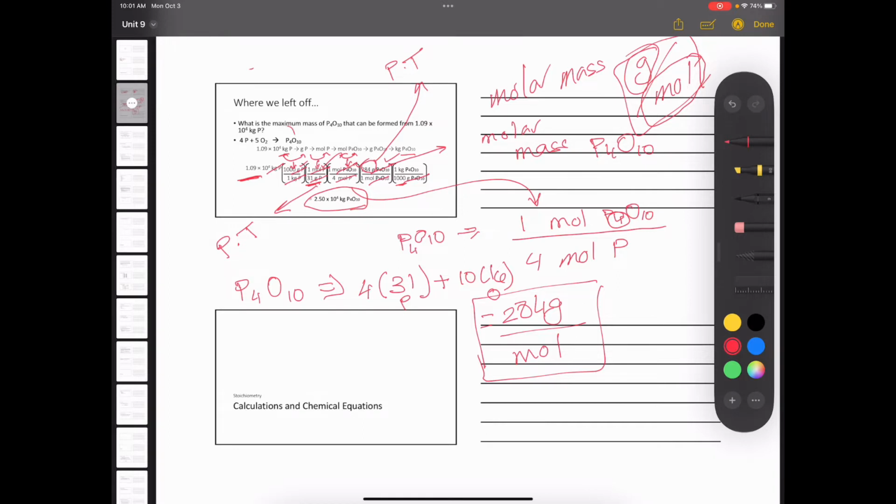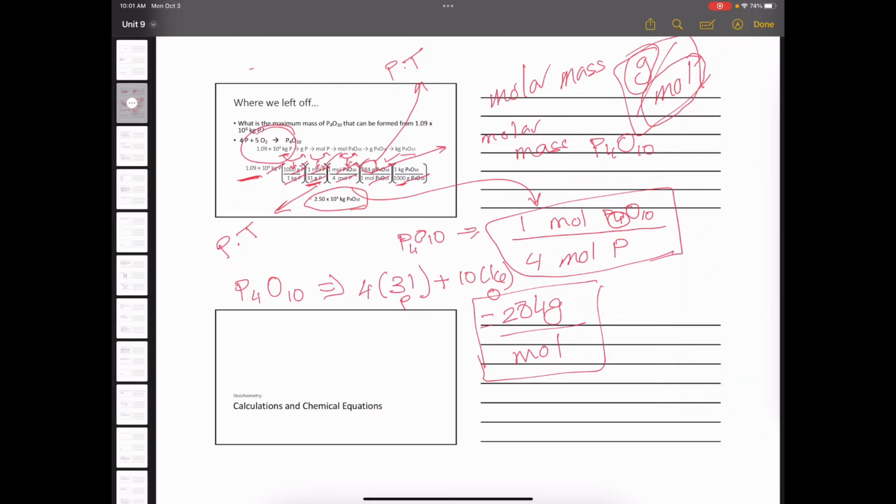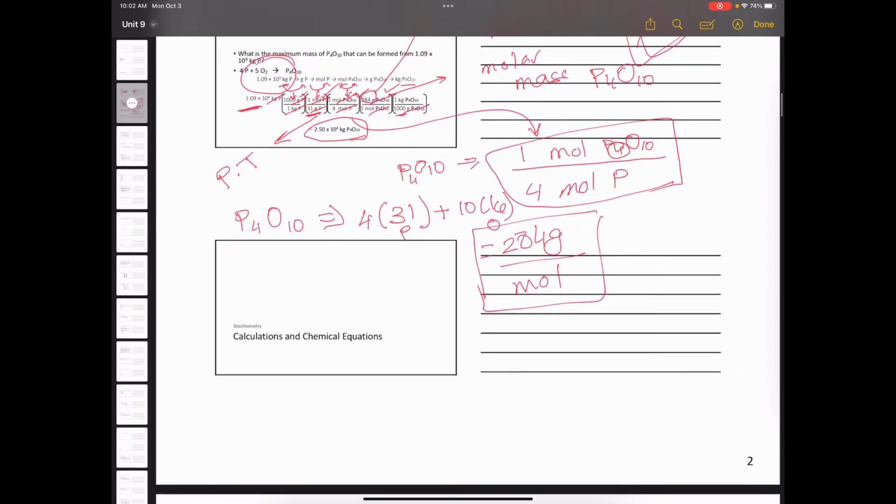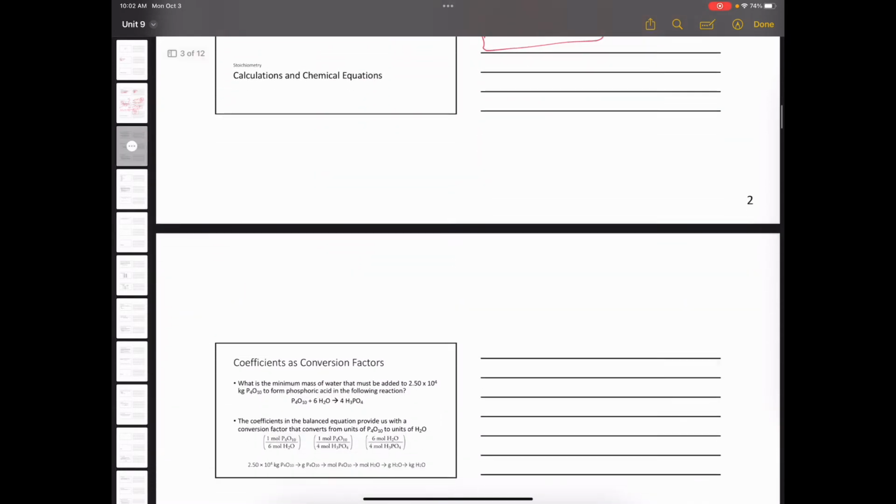So again, I started with a mass of the phosphorus, but using the conversion factor, or the molar ratio of phosphorus within the phosphorus oxide, I was able to convert that into the mass of phosphorus oxide. Okay, so although we're using the subscripts and the molar ratio, this is rarely referred to as a stoichiometric technique.